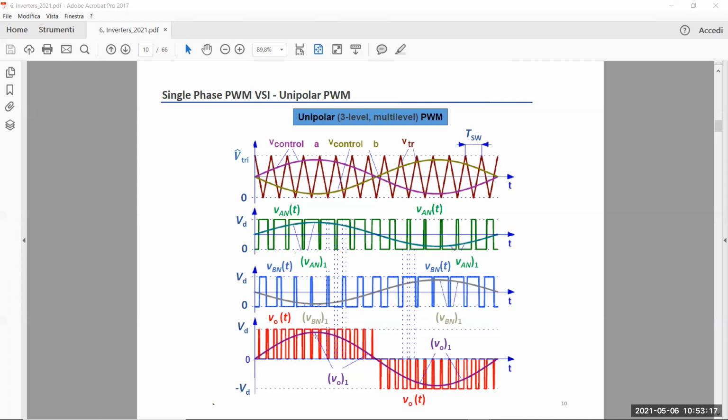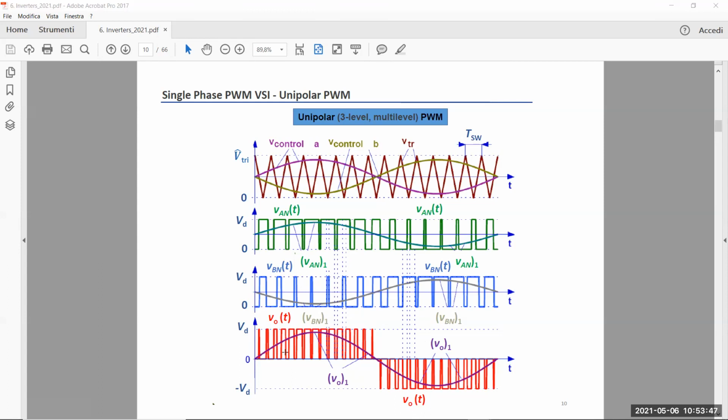If you want to modulate the amplitude of the output fundamental component, you have to modulate the amplitude modulation factor. So you have to change the amplitude of the control voltage according to the law I provided before, V0 peak equal to MA multiplied by VT. It is unipolar because for each half of the period of the output voltage V0, you have just unipolar voltages.